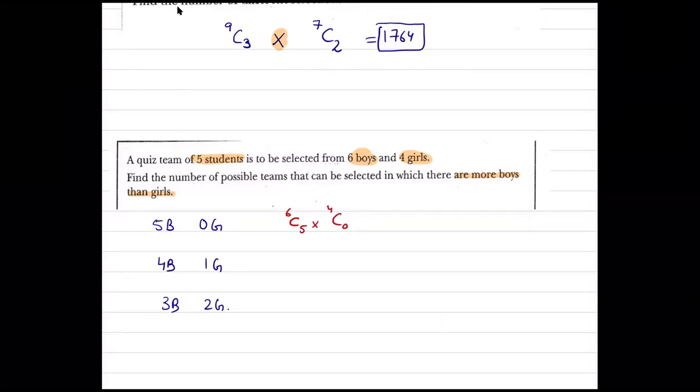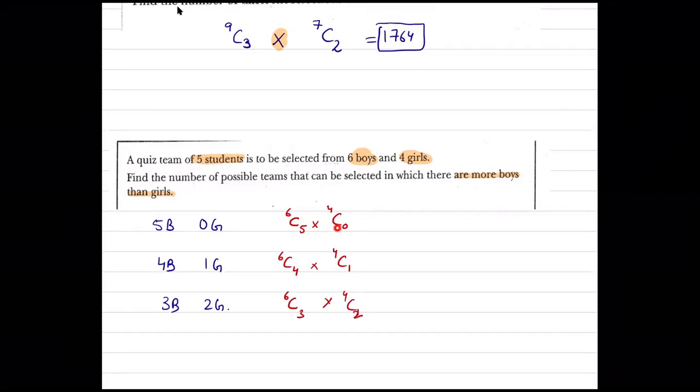Then for the next category, 4 boys and 1 girl, I need to choose 4 boys from the group of 6, and out of 4 girls, I need to choose 1 girl so that a team of 5 is completed. Then for the last, I need to choose 3 boys from the group of 6 boys, and out of the group of 4 girls, I need to choose 2 girls.